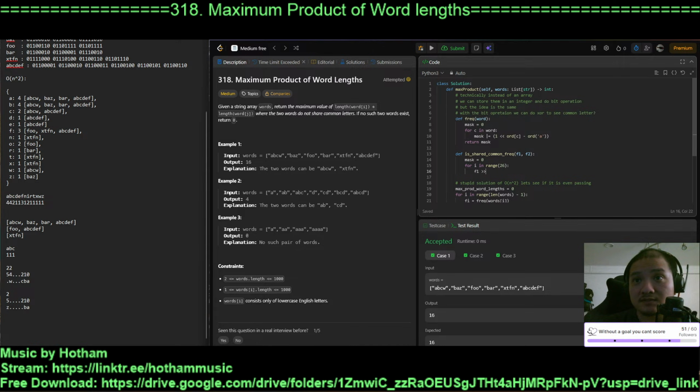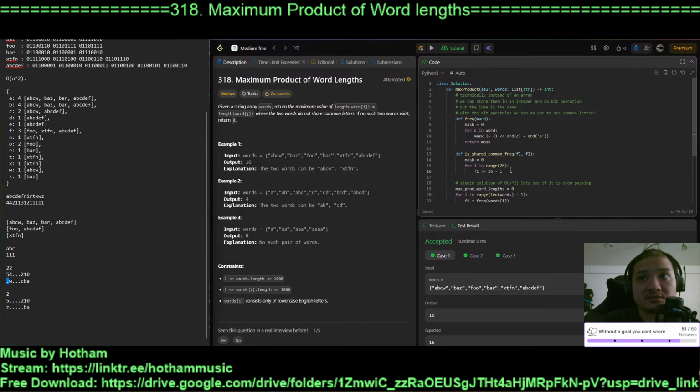So F1 shift by what? 26 minus I, right? So this letter right here, we shift how many times? 25 times, right?